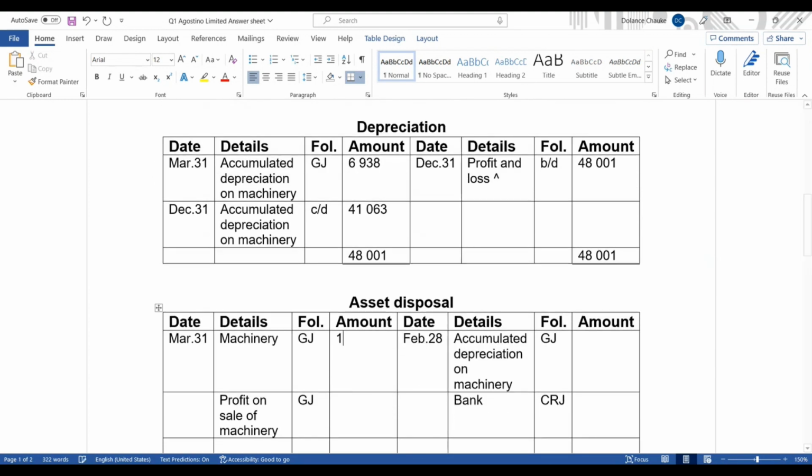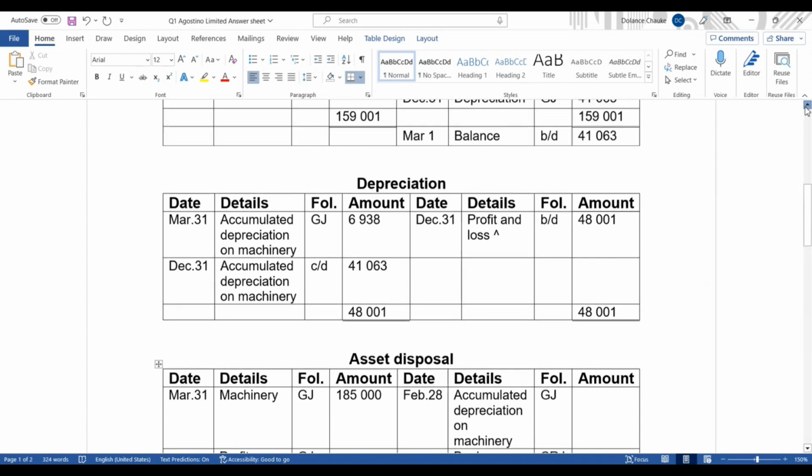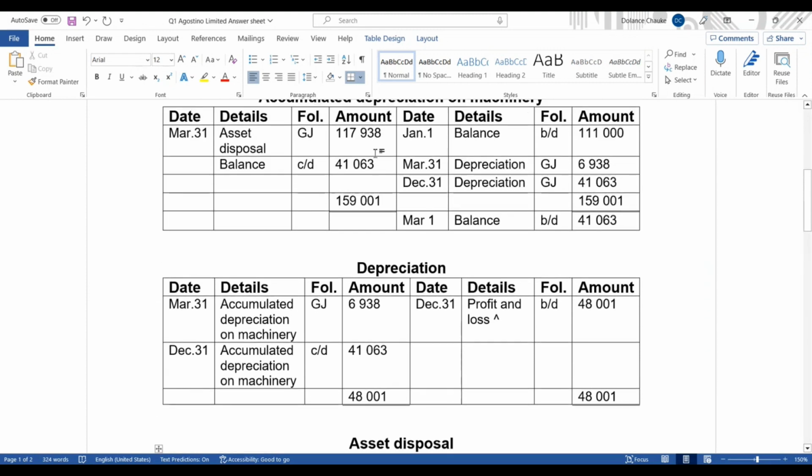185 is the one that was disposed, so we are recording it there. Right? And then you come this side. When you come this side, you are going to look at your accumulated depreciation account where there is asset disposal, which is this one. The 117938.